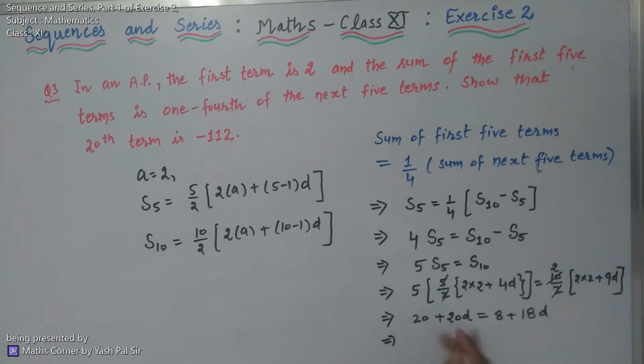So this means 20 minus 18, 2d is equal to 8 minus 20, which is minus 12. So from here we have the value of d is minus 6.